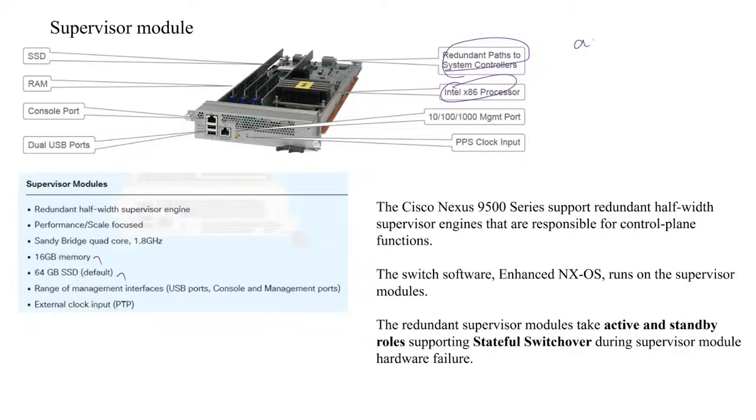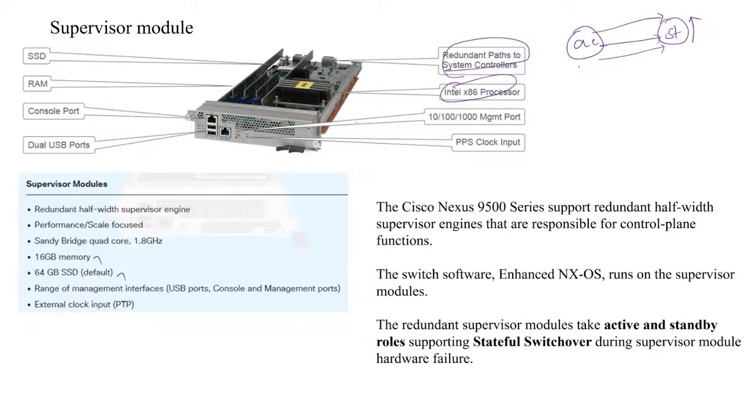We have the active supervisor, we have the standby supervisor. The runtime information, the state information of all the processes, is every now and then synchronized with the standby supervisor. So if something happens to the active supervisor, the standby supervisor can immediately take position as the active supervisor and proceed with the process.